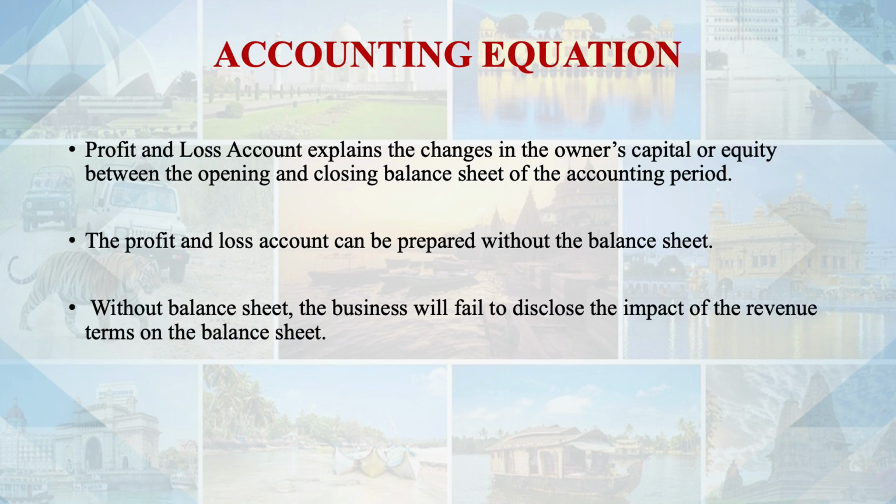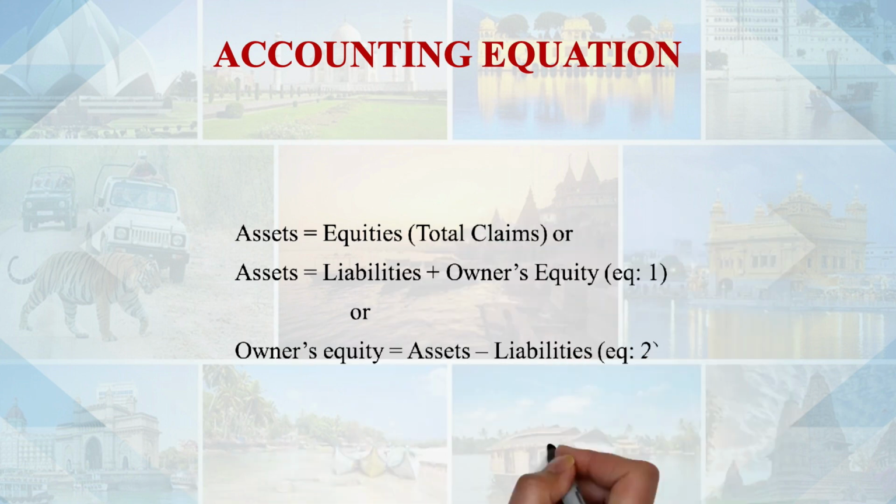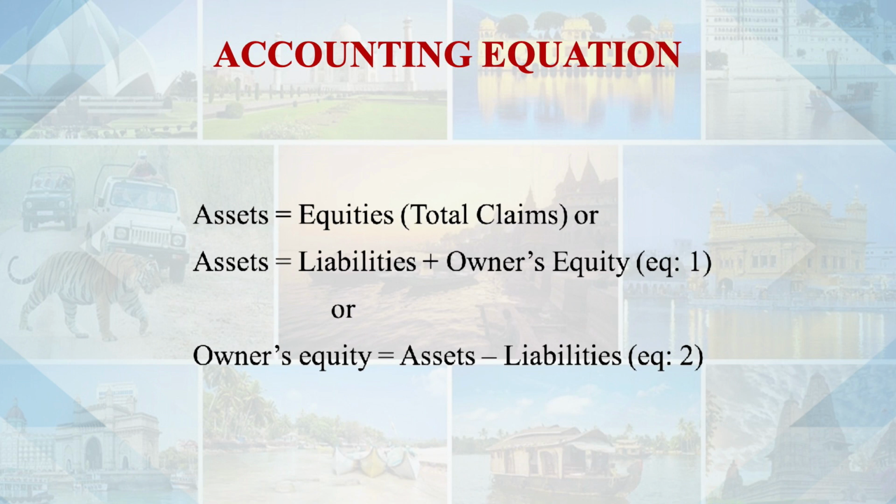The balance sheet is definitely going to show you the impact of revenues, the impact of income, on your assets and liabilities. I think we remember what the accounting equation is. The accounting equation is: assets are equal to equities. That is, assets are equal to liabilities plus owner's equity.